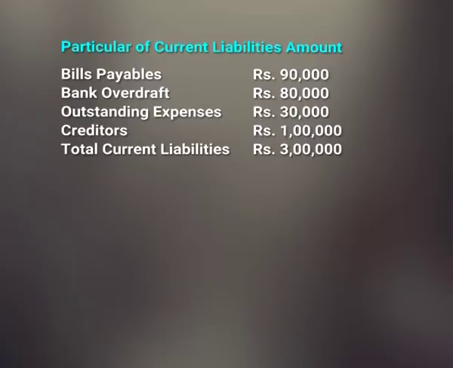Then we have the particulars of current liabilities. Bills payable rupees 90,000, bank overdraft rupees 80,000, outstanding expenses rupees 30,000, creditors rupees 1 lakh. Thus, total current liabilities is rupees 3 lakhs.